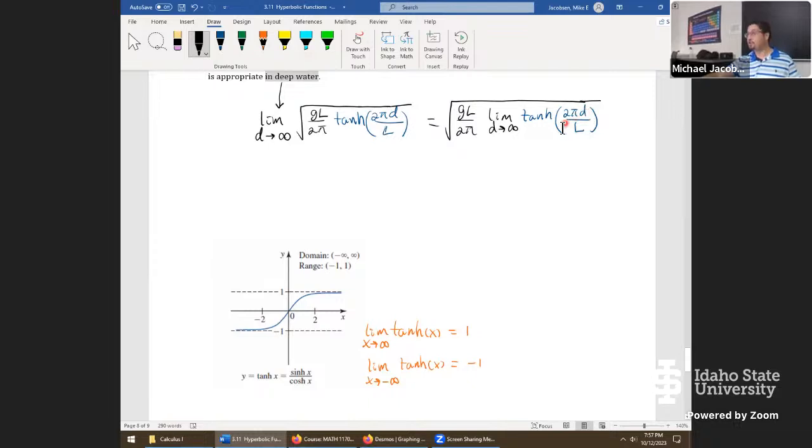So its entire value becomes 1, just like this limit right here. Does that make sense to folks on this evaluation?